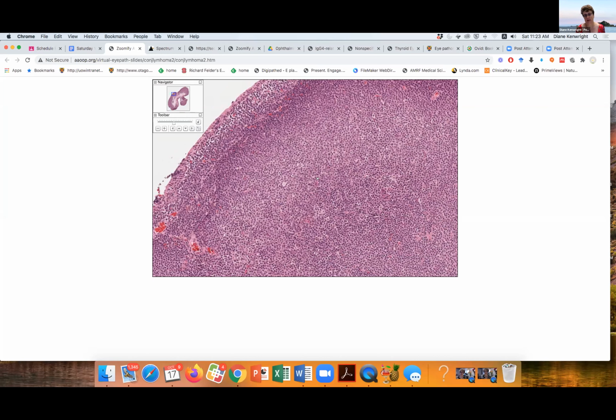When we stain them up, of course, we get a clonal proliferation, and when we do genetic studies, we get abnormal gene translocations.